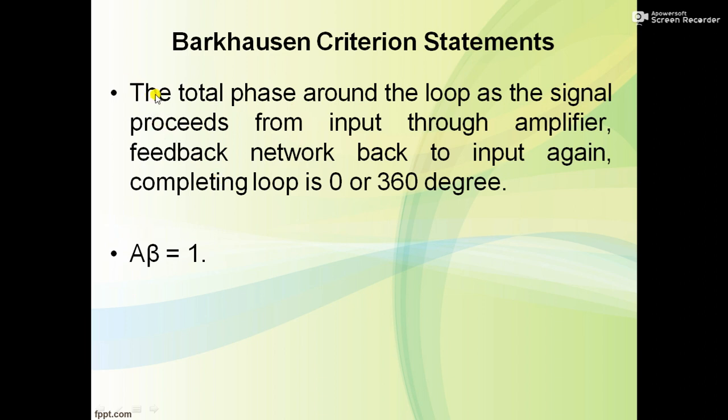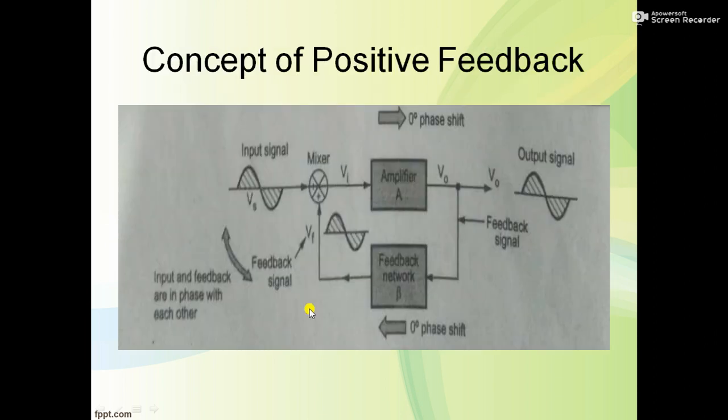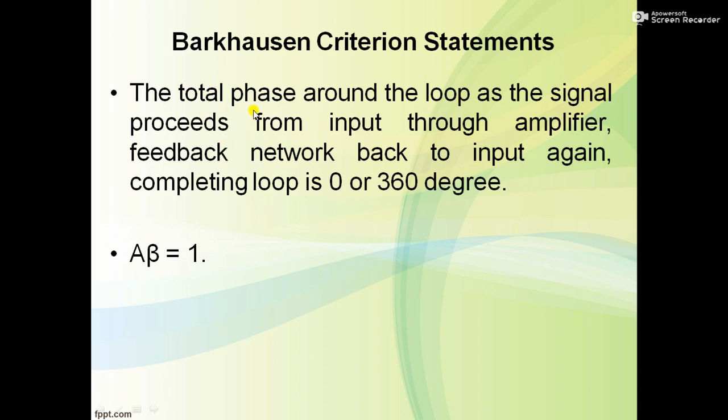The first statement is: in the feedback amplifier circuit, the total phase shift around the loop, as the signal proceeds from the input through the amplifier and feedback network back to the input again, completing one loop, is 0 or 360 degrees.